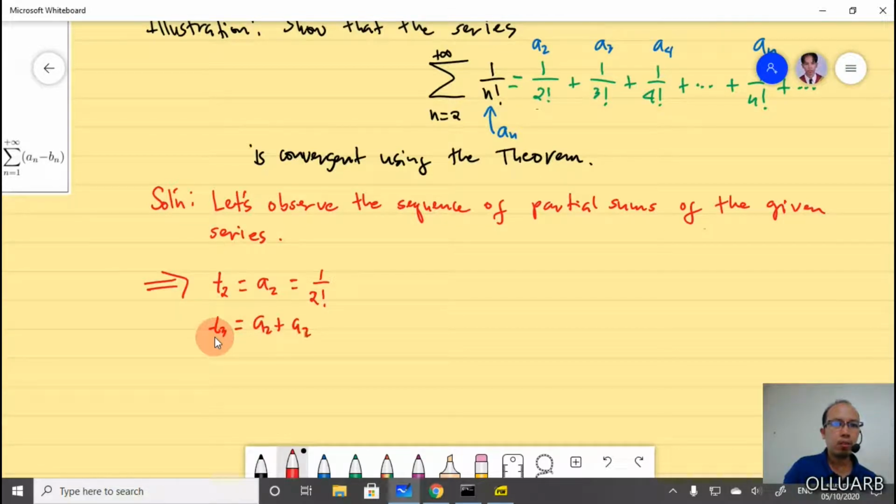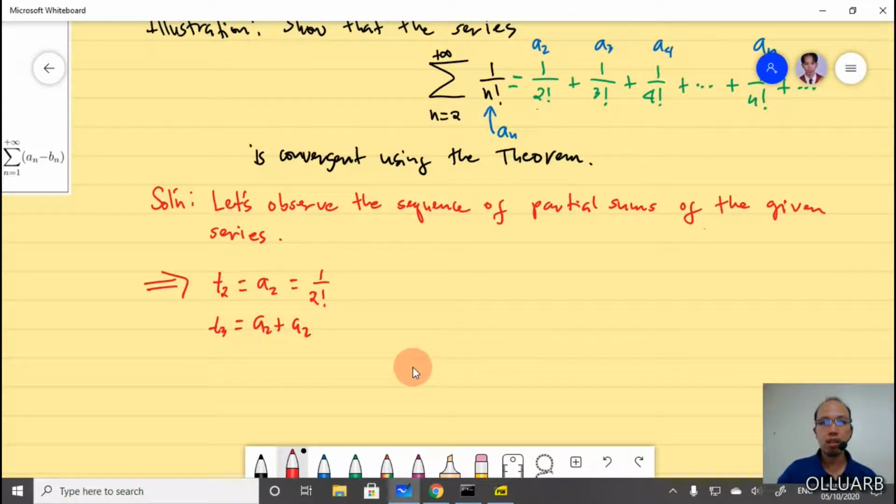So t2, again, why do we have to write it this way? The answer is so as not to confuse with the notation. But bear in mind that a2 is our first term, a3 is our second term.